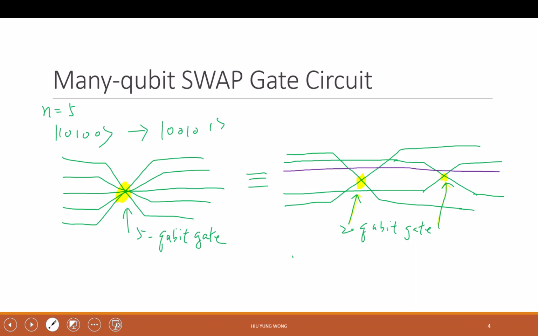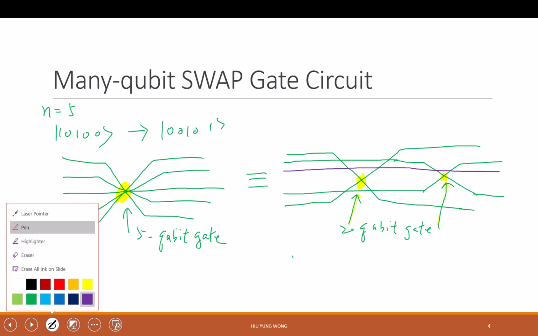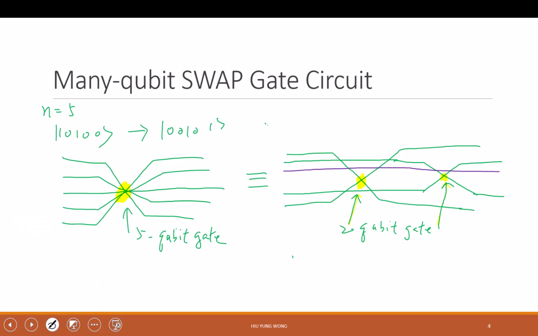So again, if we look at this circuit, the input was 1, 0, 1, 0, 0. When you reach this part, what does it become after the first swap gate? 0, 0, 1, 0, 1.